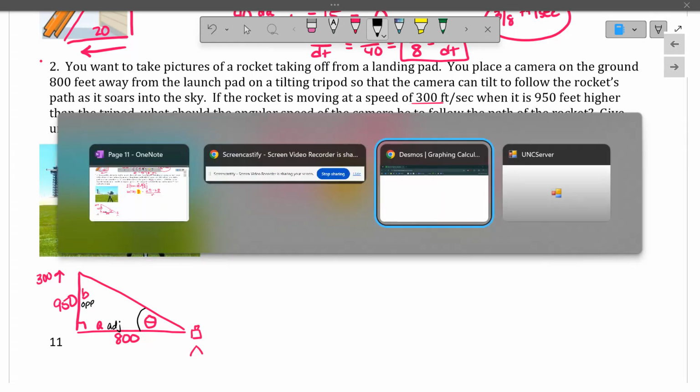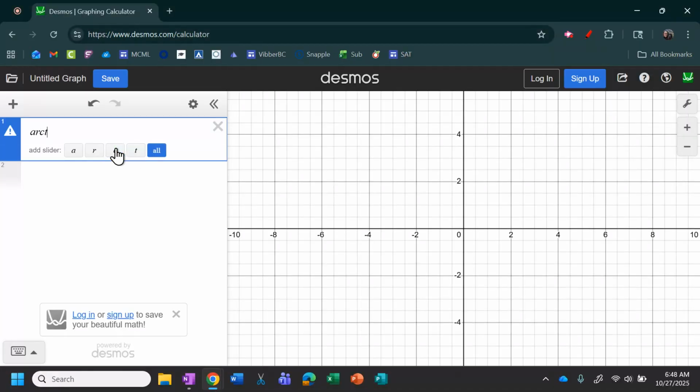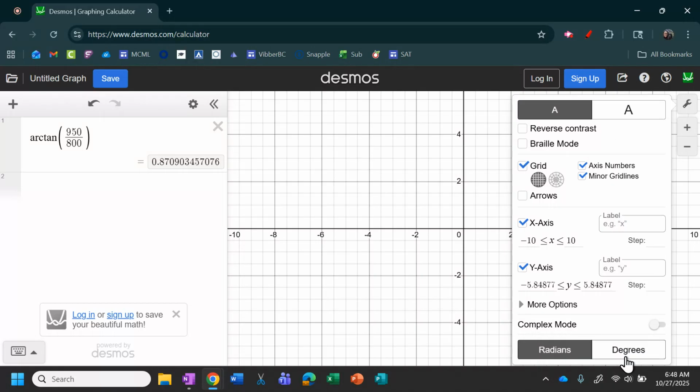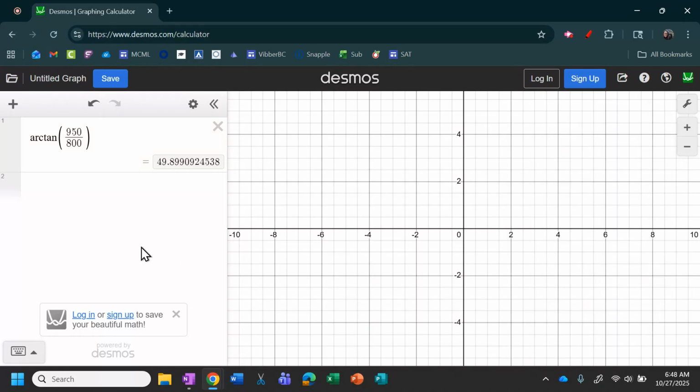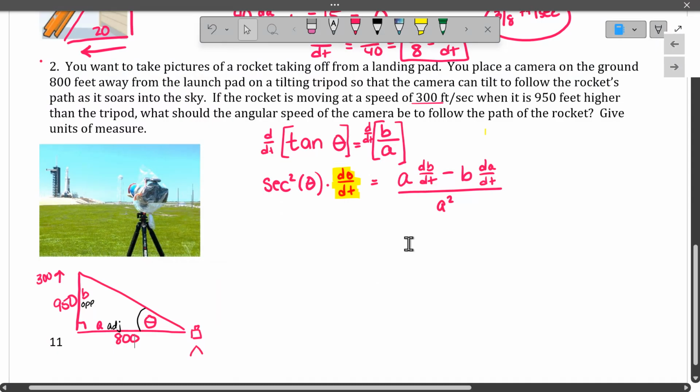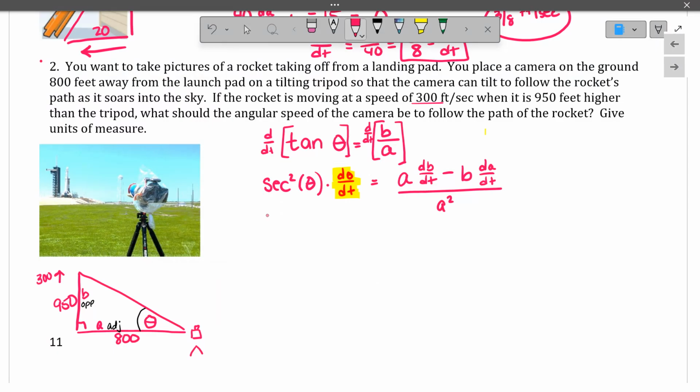So I am going to come over here and do arctan of 950 over 800. And I believe I am currently in radians, so let me go back to degrees. That is 49.899 degrees. All right, so theta is 49.899 degrees.